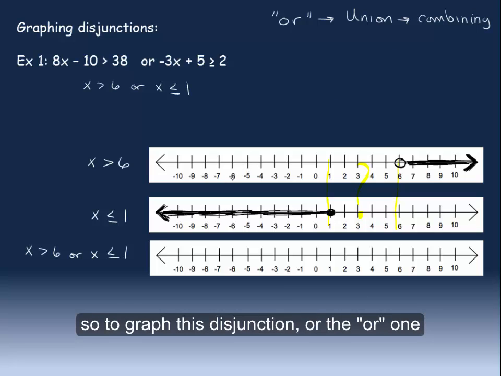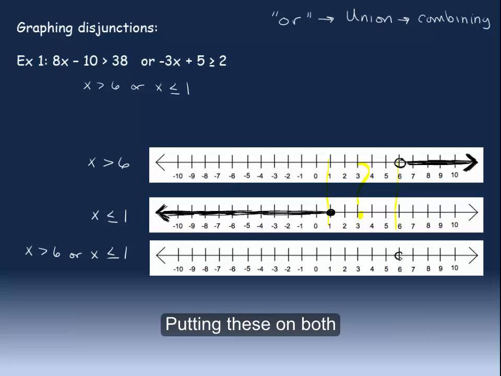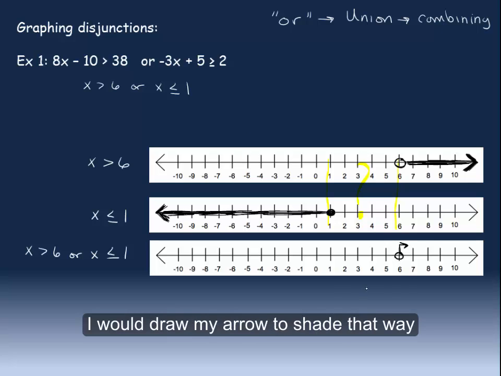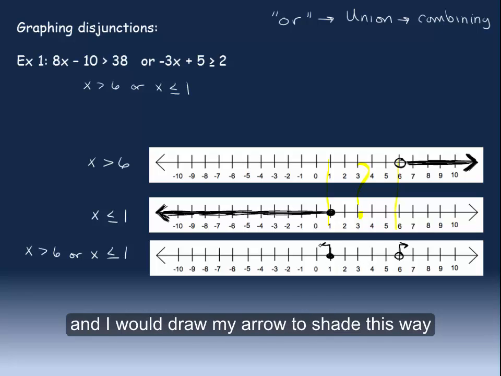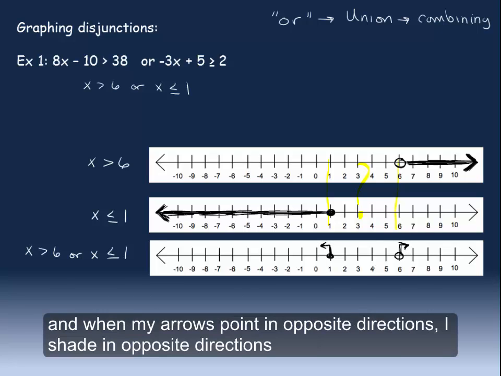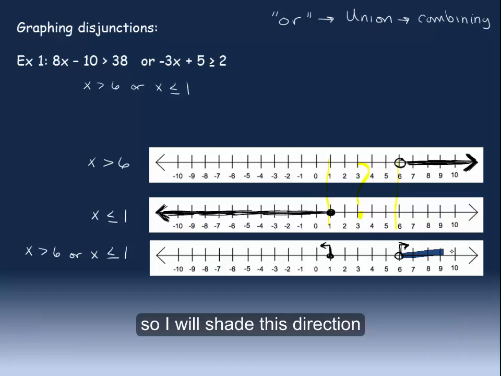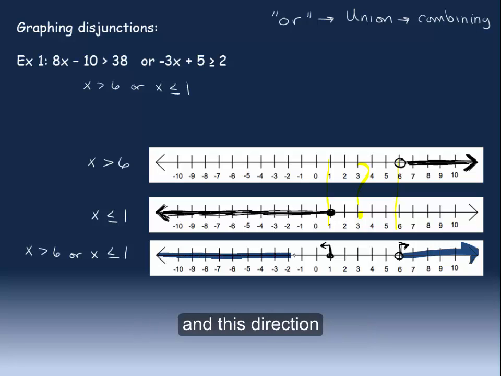So to graph this disjunction, putting these both on the same graph, I would draw my arrow to shade that way, and I would draw my arrow to shade this way. And when my arrows point in opposite directions, I shade in opposite directions. So I will shade this direction and this direction.